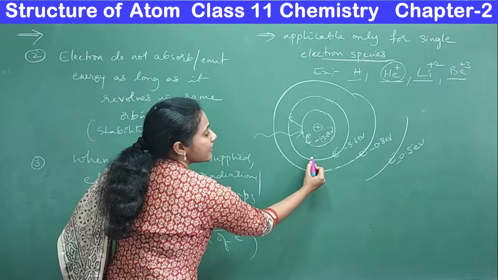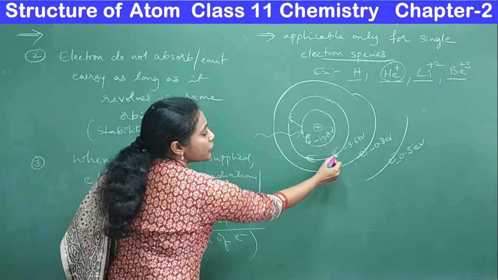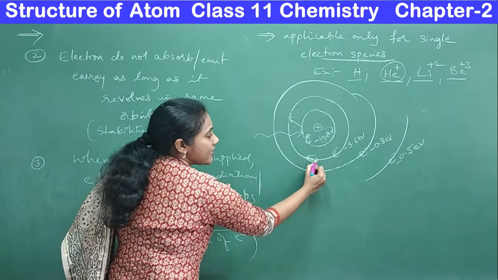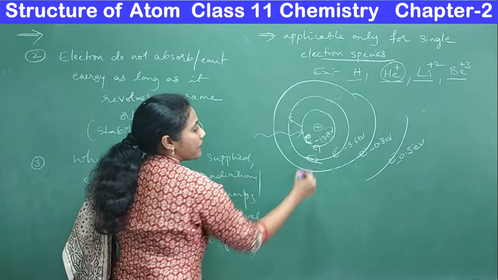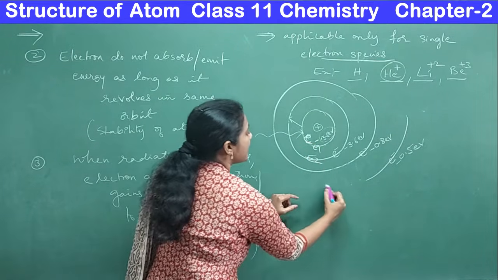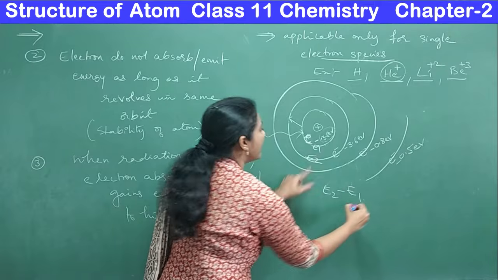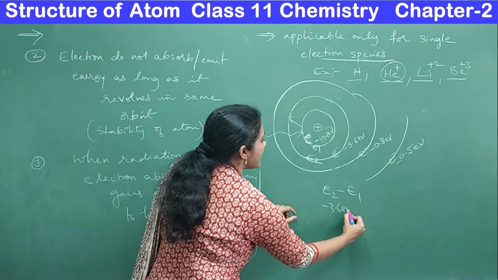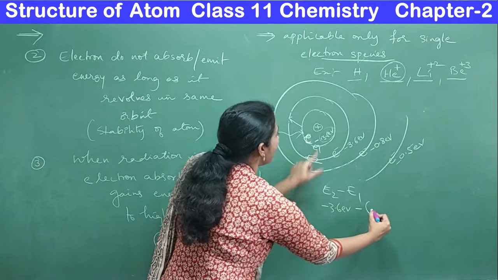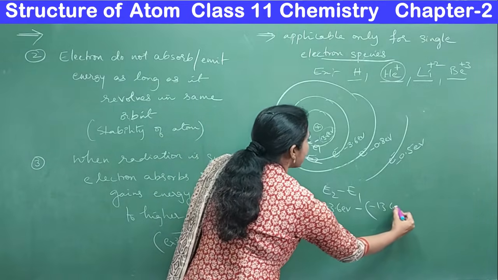So can you tell me what the difference between the energies of the second level and first level is? You see here, the energy of this electron in the second level is E2. The energy of this electron in the first level is E1. So what is the energy difference? E2 minus E1. E2 is minus 3.4 electron volt and E1 is minus 13.6 electron volt.